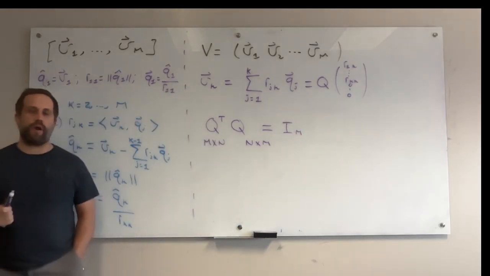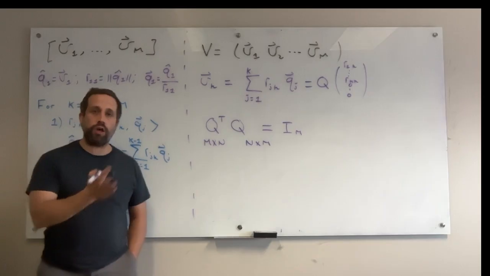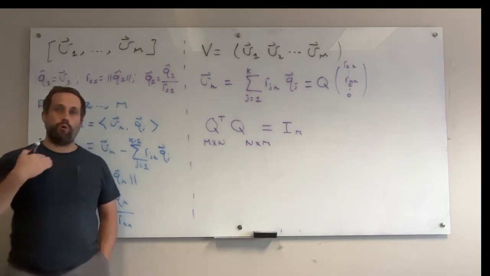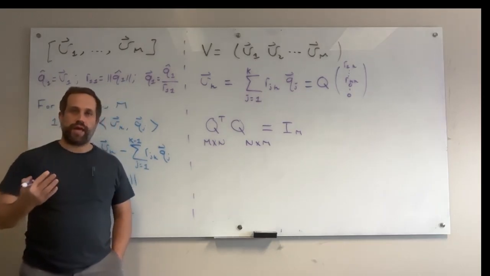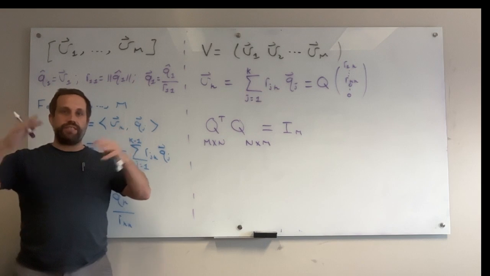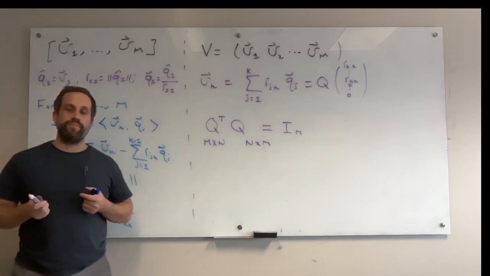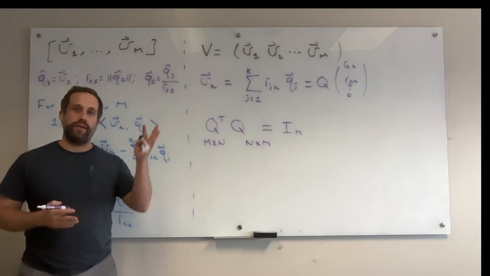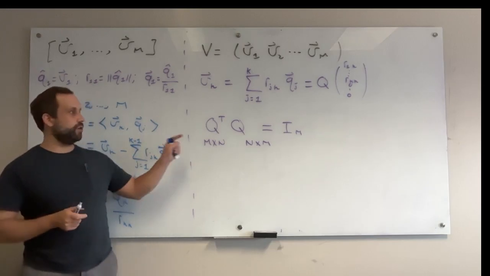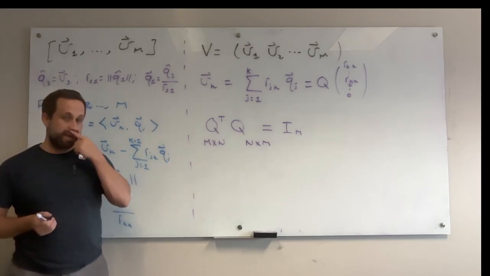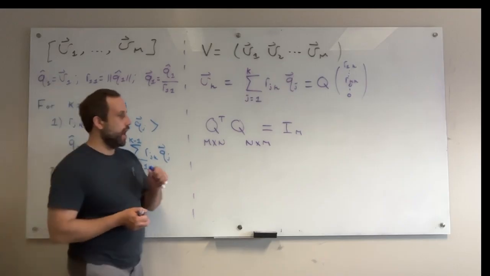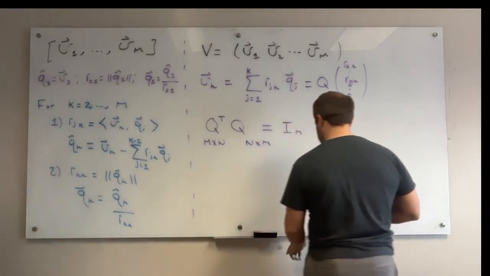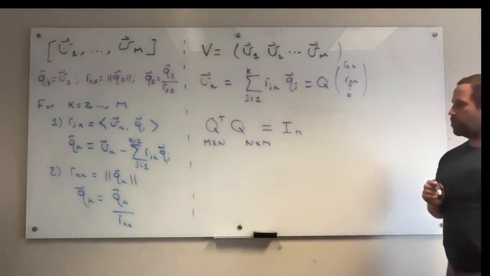And I want you to think about why that is. It's because the columns of Q are orthonormal. They're orthogonal, so that means there are going to be zeros everywhere except for the diagonal. And since they have unit norm, the diagonals are all going to be 1. I want you to prove this and make sure you understand why this is true. Again, feel free to ask if you want to know why.